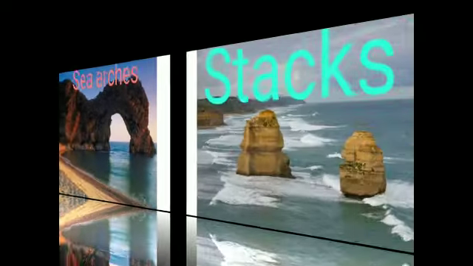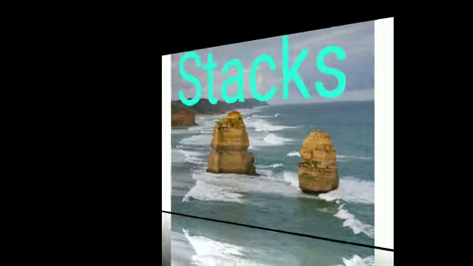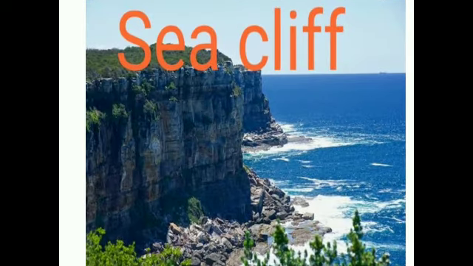When the roof of the sea arch is further eroded, it collapses. The pillars of rocks are left standing in the open water. These are called stacks. The steep vertical wall facing the sea is called a sea cliff. Can you understand?